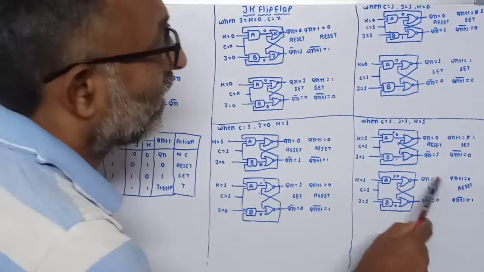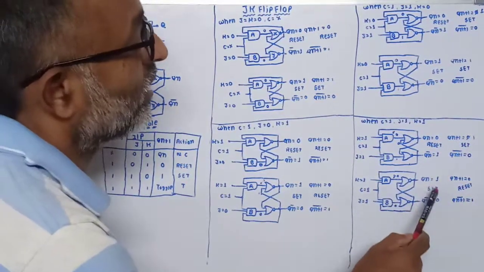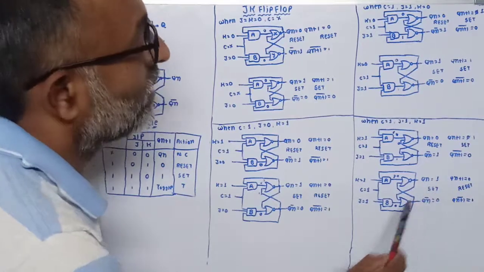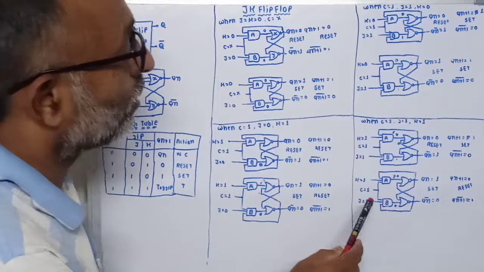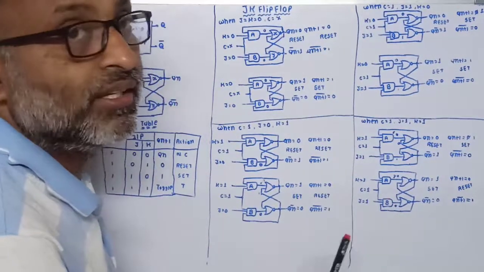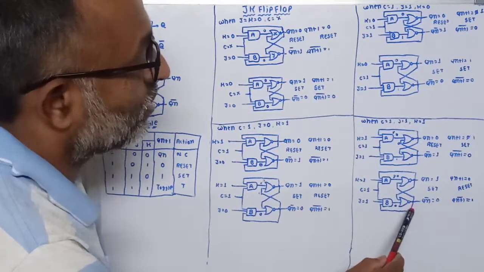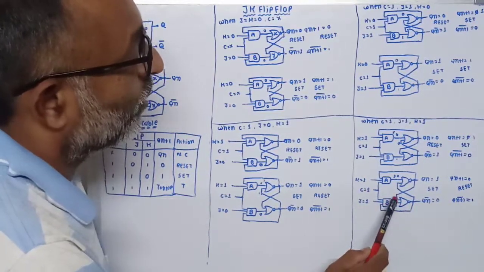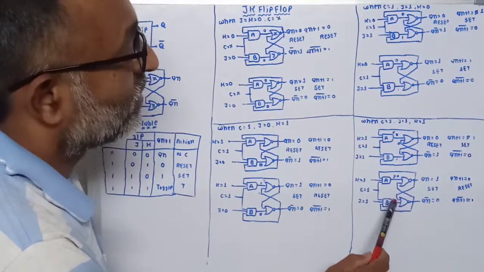Now in the second case, initially our flip-flop is in set condition, that means Qn is equal to 1 and Qn bar is equal to 0. So the AND gate B is disabled, sorry, because the feedback input is 0, and that's why its output is 0.